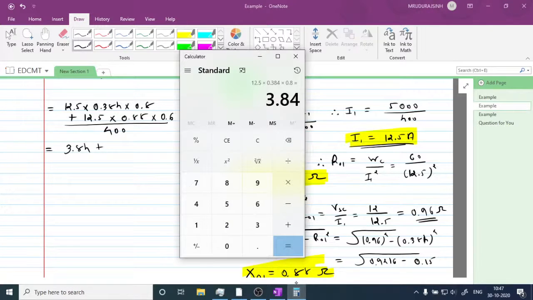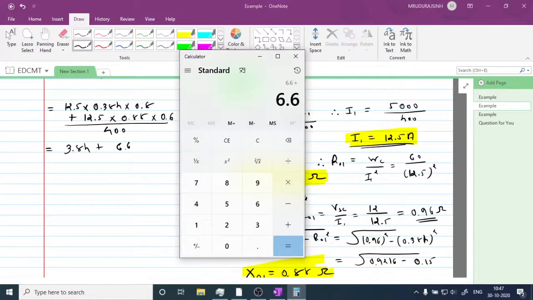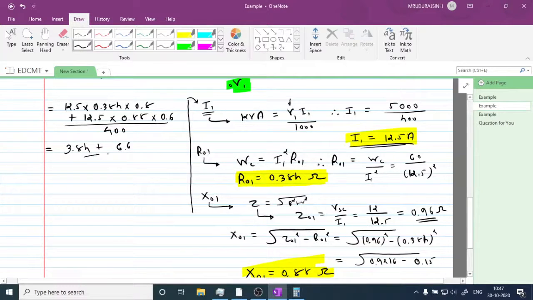Good work Parth, Janish, Sonu, Saurabh, you got it right. So 12.5 multiplied by 0.88 multiplied by 0.6 gives us 6.6. So 6.6 plus 3.84, divided by 400, gives us 0.0261.